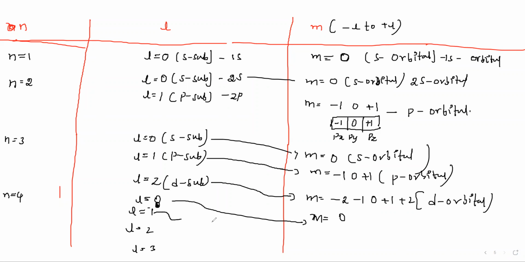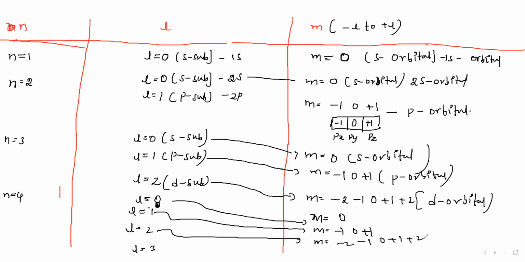If L is equal to 1, m value -1, 0, +1. If L is equal to 2, the m value -2, -1, 0, +1, +2. Total 5 came here. Here this is s orbital, this is p orbital and here it is d orbital.